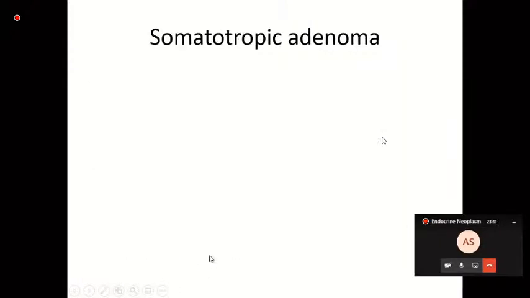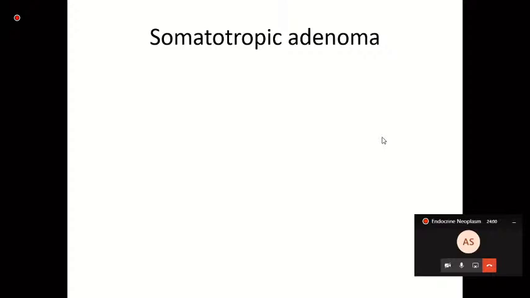Okay, so we start with somatotroph adenoma. You remember the clinical manifestation? Somatotroph adenoma secretes what? Which hormone? Growth hormone. Yes.